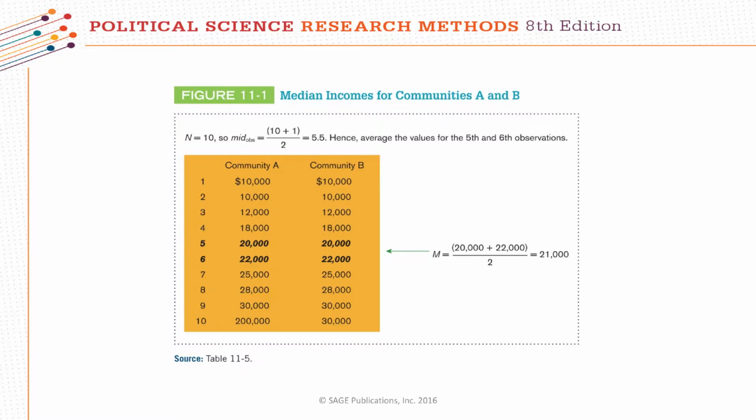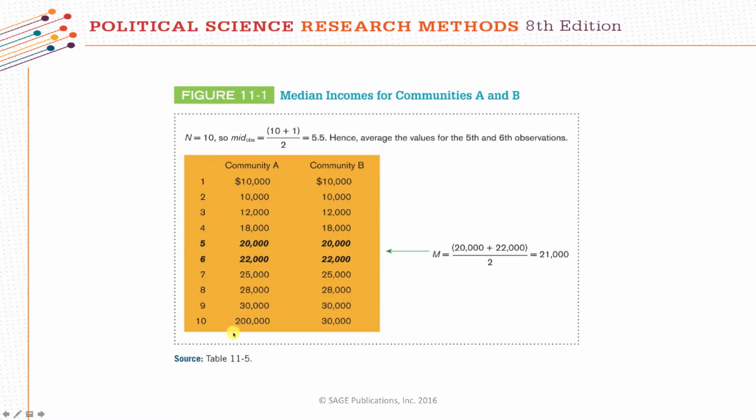So this shows you how median can be a more sophisticated measure of central tendency. And though we haven't talked about mean just yet, we will momentarily. Median is a much better measure of central tendency if you suspect there is some type of skew in your data.